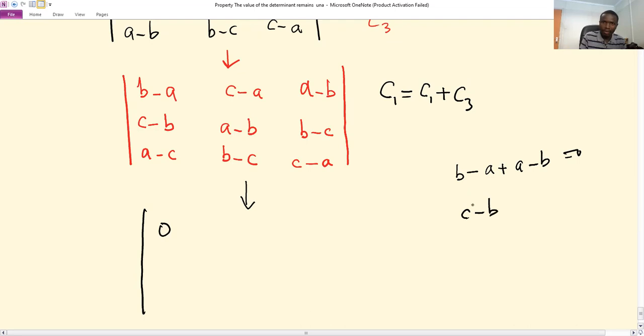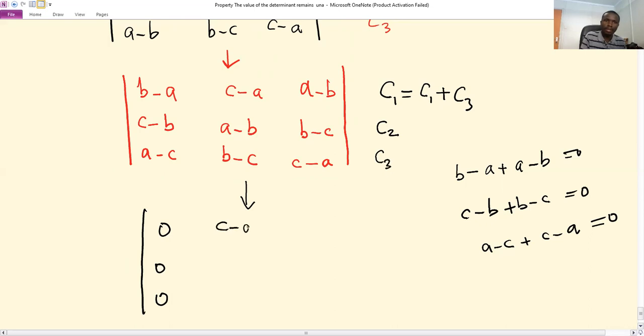C minus b plus b minus c is also 0. A minus c plus c minus a is still 0. So I have 0 here, and I keep column 2 and column 3.